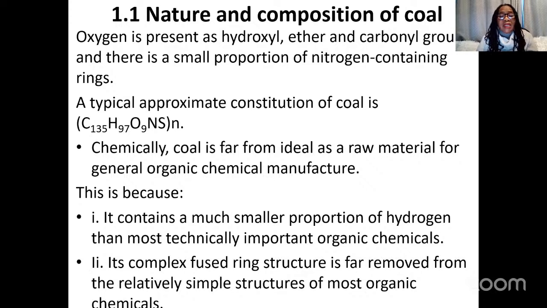Number two is that the complex fused ring structure is far removed from relatively small structures of most organic chemicals. You know, organic chemicals have to be very simple for possible reactions. This is complex and you need to crack it down to be able to get simple structured compounds.